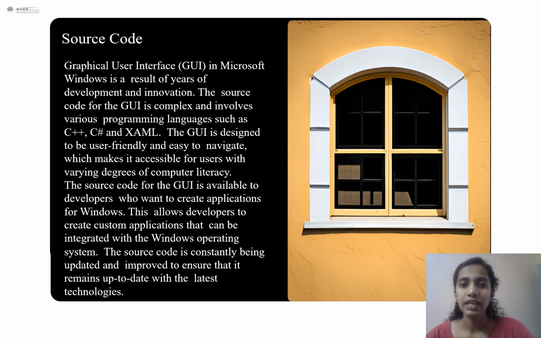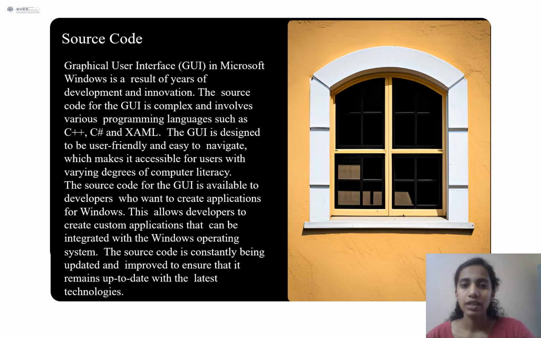The GUI is designed to be user-friendly and easy to navigate, which makes it accessible for users with varying degrees of computer literacy. The source code for the GUI is available to developers who want to create applications for Windows.